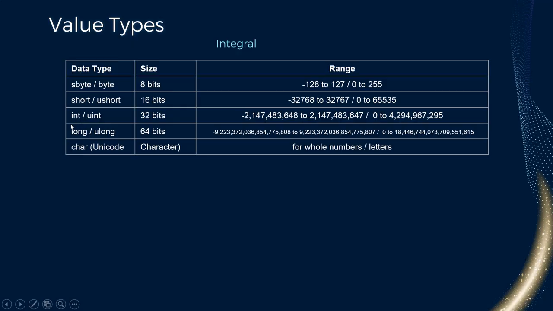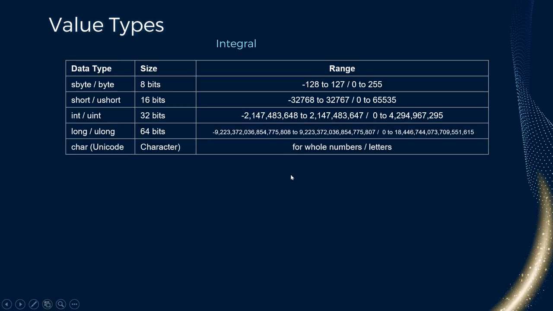In the same way we have int or uint, which is 32 bits, long and ulong, which is 64 bits, and then char, which is Unicode characters. For example, if we type the character a, internally the ASCII code of a is 65, so that is also a number.